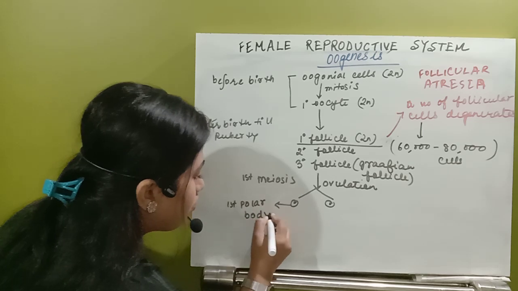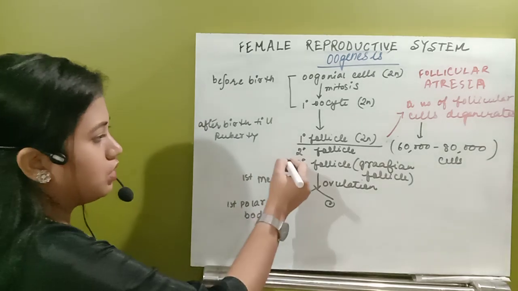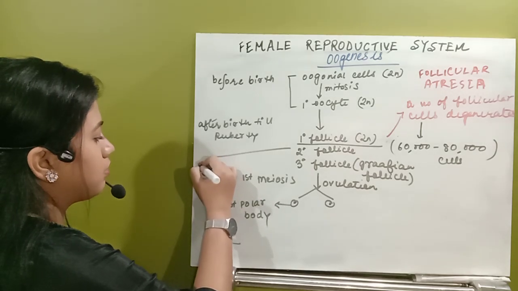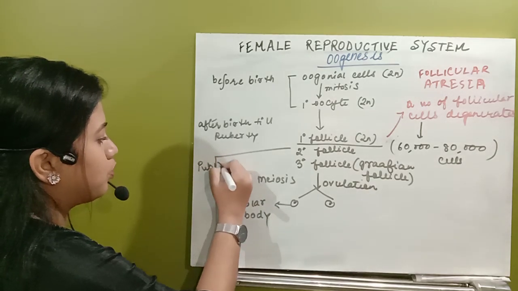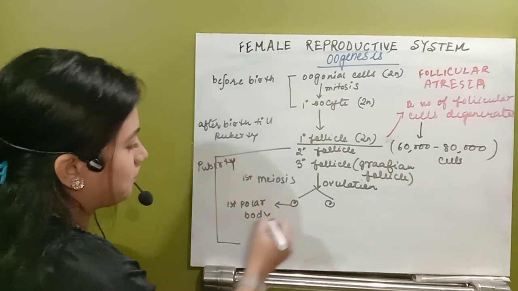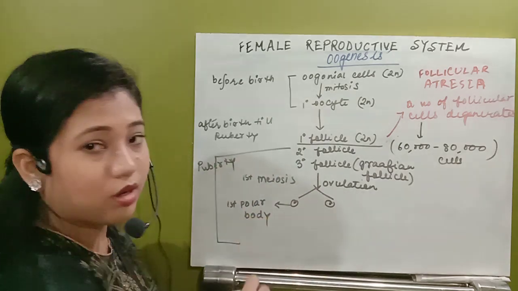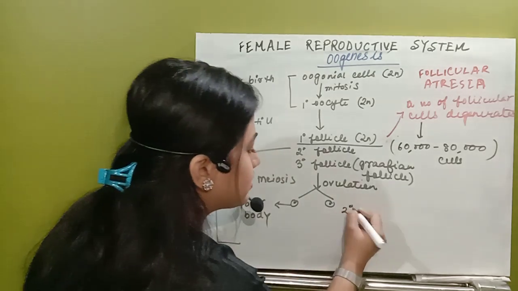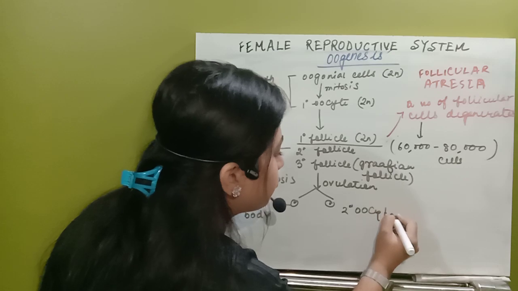This first polar body will degenerate. This process occurs during puberty. So the first polar body is formed, and after ovulation the secondary oocyte has been formed.